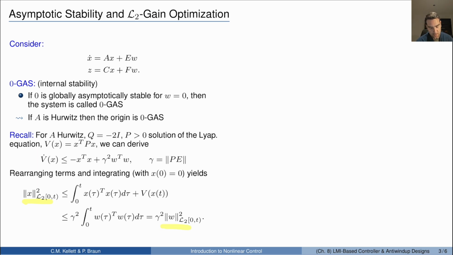So by more or less redoing the calculations done in the ISS chapter, by considering a quadratic Lyapunov function with a very specific selection of the matrix Q, we could come up with this chain of inequalities here, giving us a bound, an L2 bound of the signal x, depending on the disturbance w and depending on this parameter gamma here. Meaning we want to optimize the L2 gain gamma such that we have a bound on the state x with respect to the disturbances w.